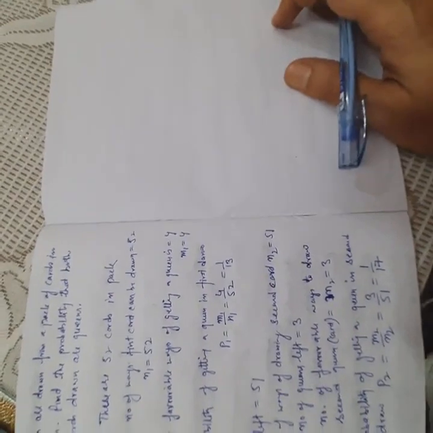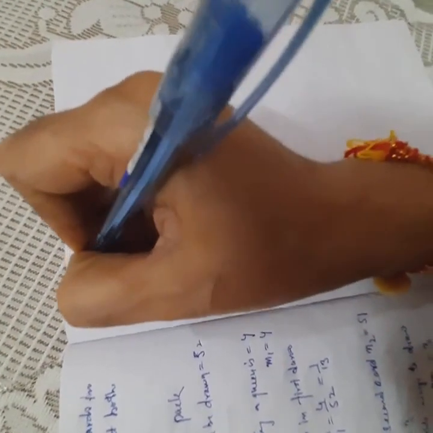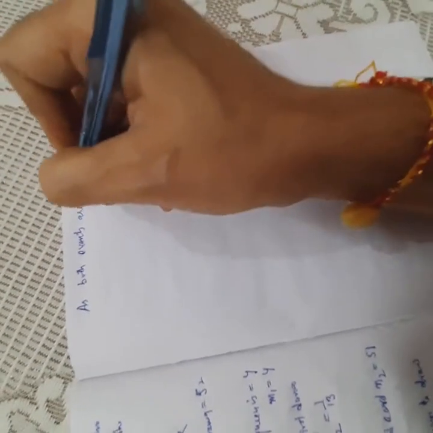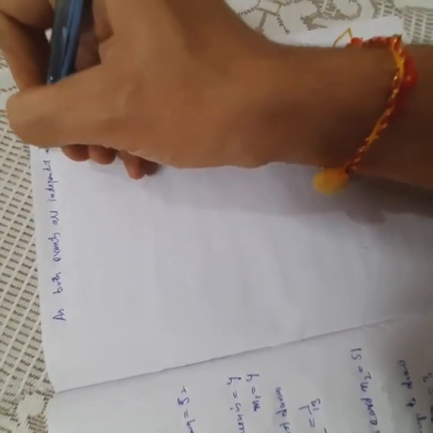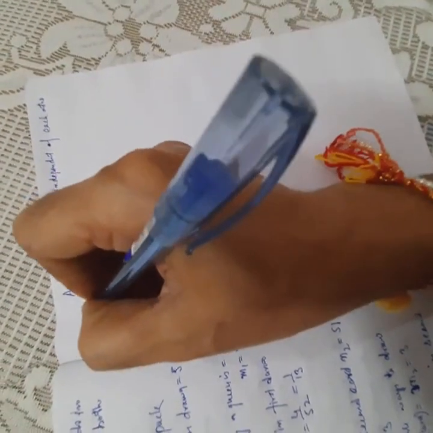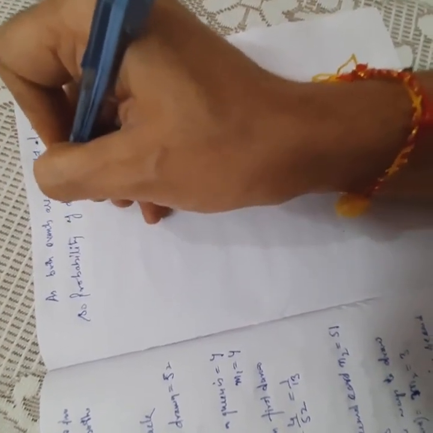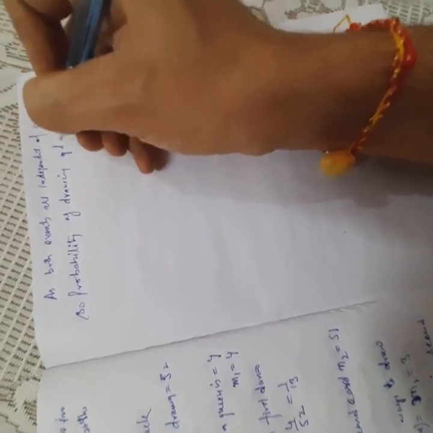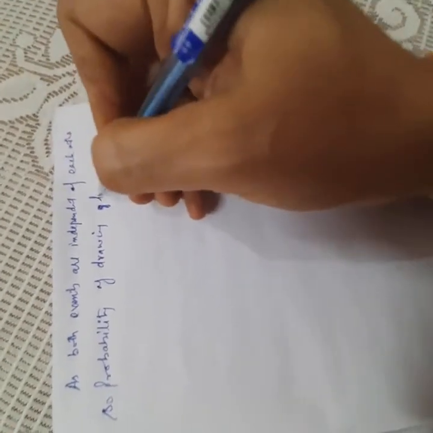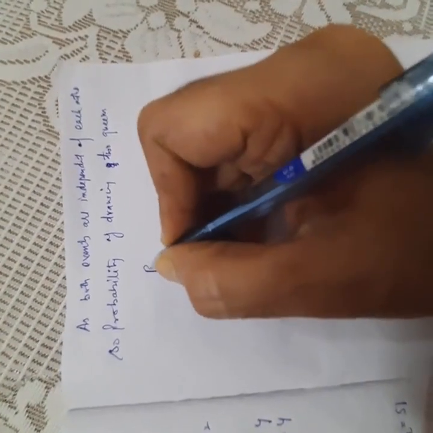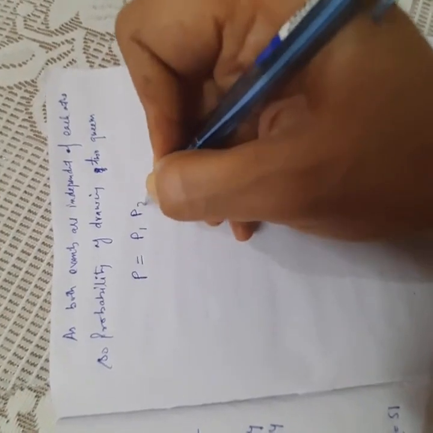Now these two events are independent of each other. So the probability of drawing 2 queens, as both events are independent of each other, is given by P equals P1 multiplied by P2.